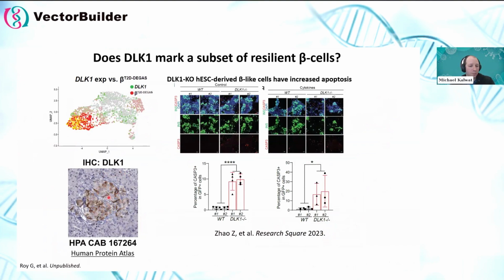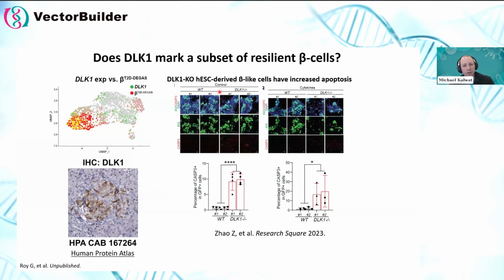There are also publications from like 10 years ago showing that DLK1 also stains in human beta cells and appears to be heterogeneous, but not much has been known about how it might function in type 2 diabetic beta cells.